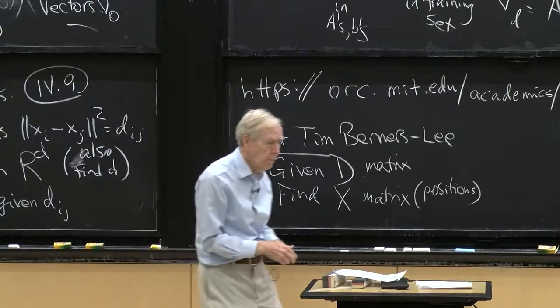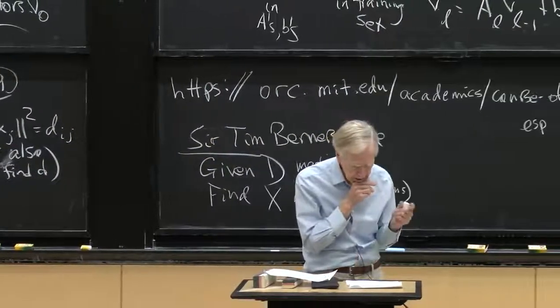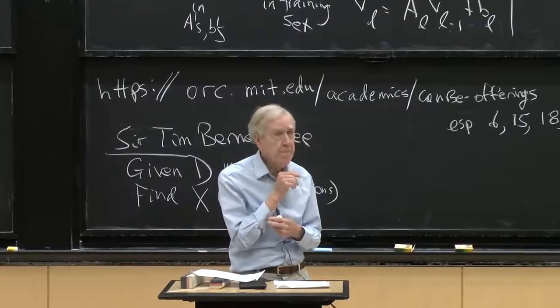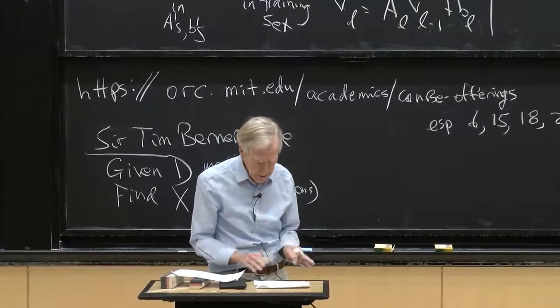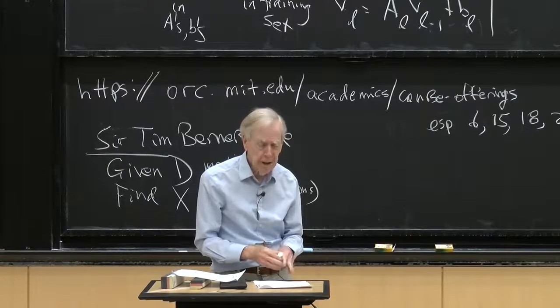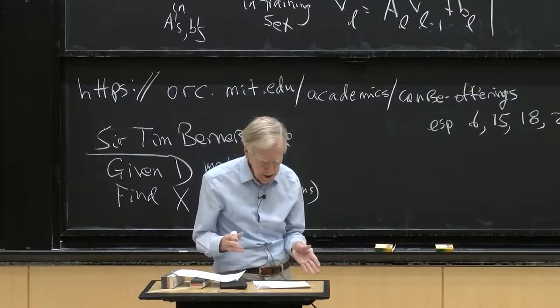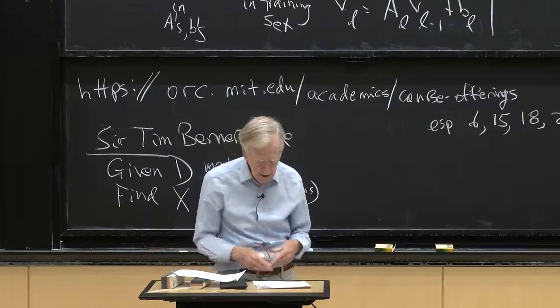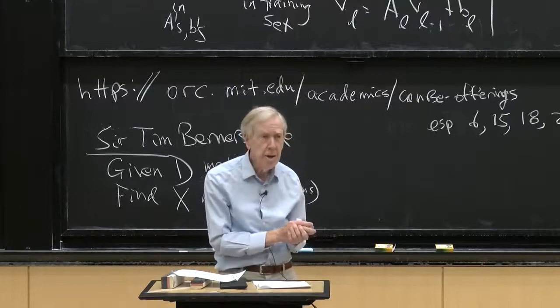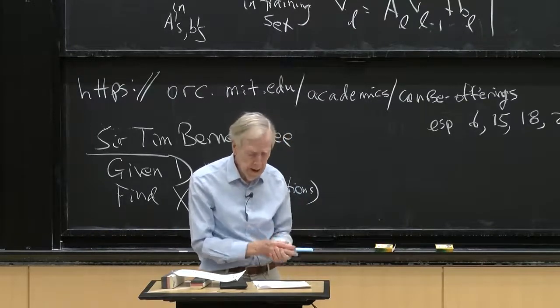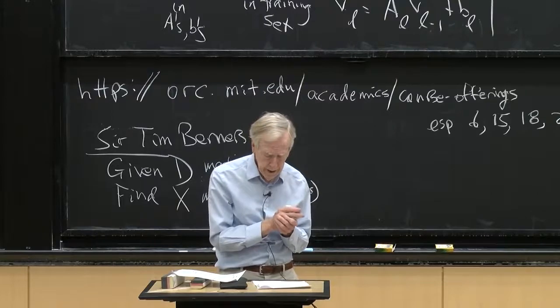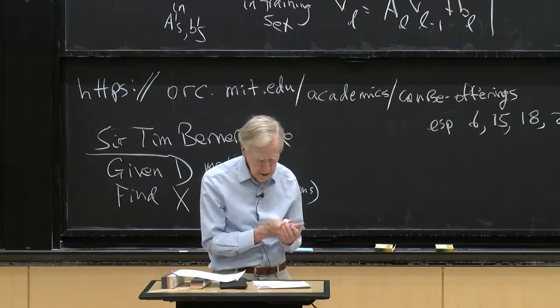That's the job. Okay. Before I start on that, the shapes of molecules is another application. Nuclear magnetic resonance gives distances, gives D, and then we find the positions, X. And of course there's noise in there and sometimes missing entries.